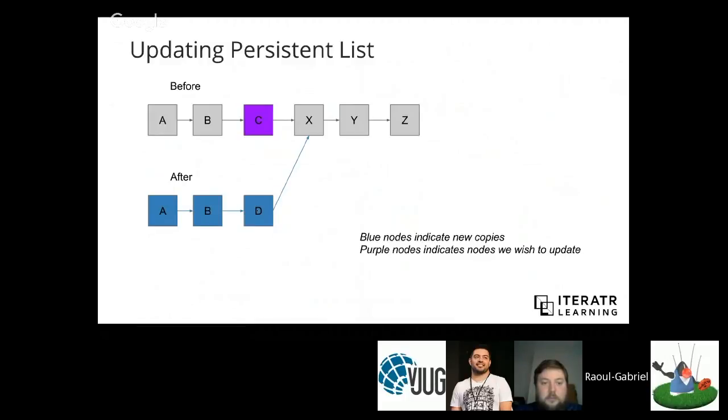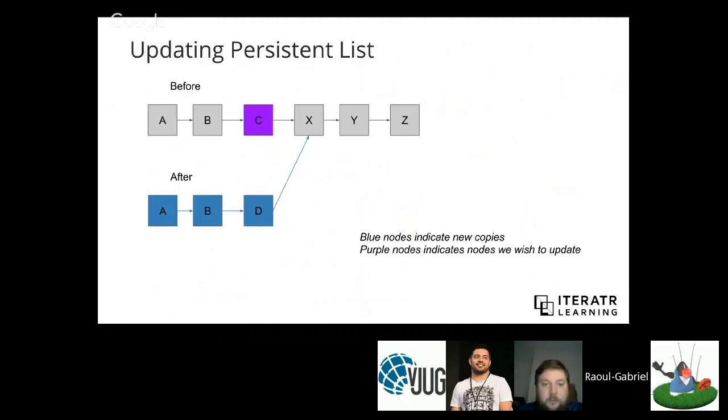So that's going to be the new node, and have that link back to the tail. So we're sharing some information with the previous version of this data structure. But since we've introduced this new element called D, how can I get B to link back to it? Well, since we can't mutate the node B, then we're going to have to create a copy of it. And unfortunately, the element A here is also pointing to B. We can't modify that. So what we can do is to copy it and have the new copy point to the new copy of B.